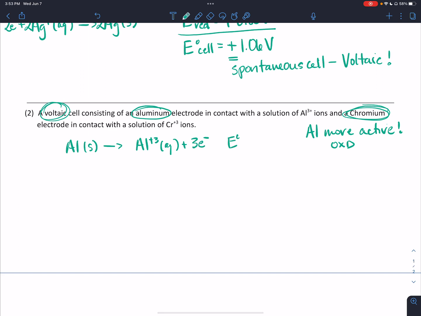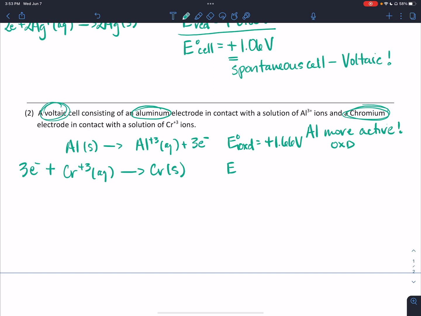I check my reduction potentials, and I find aluminum is negative 1.66 volts if it were a reduction, but here we're using it as an oxidation, so positive 1.66 volts. While aluminum is being oxidized, chromium is being reduced. So we have Cr 3+ ions, and we're forming chromium metal, using those 3 electrons from the aluminum oxidation to make that happen.